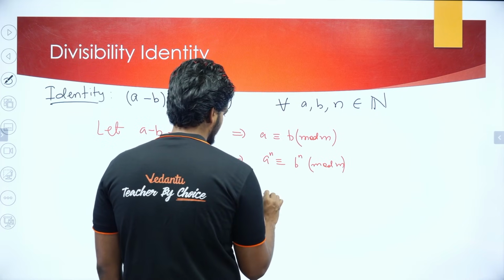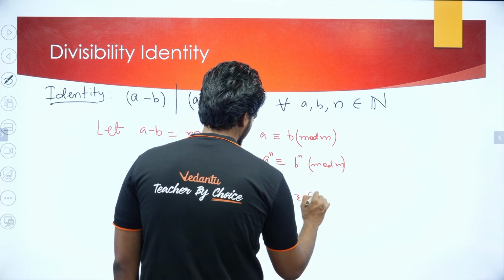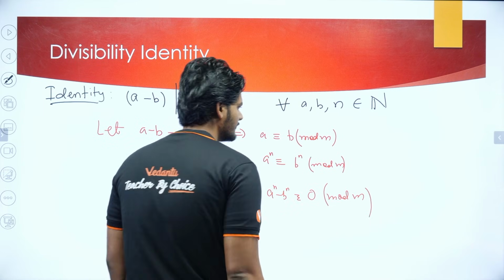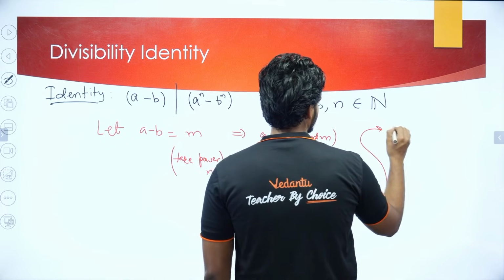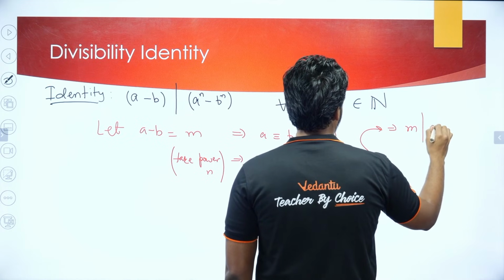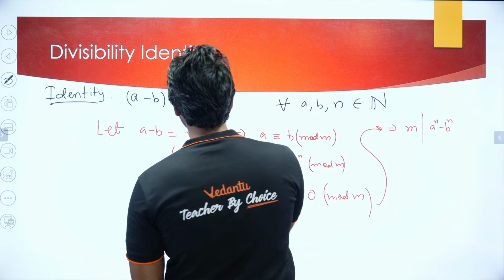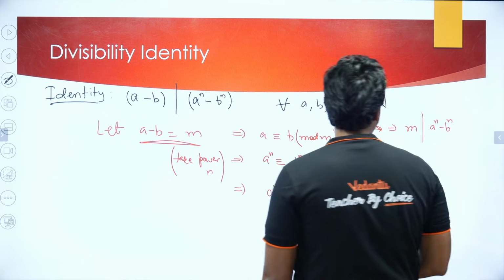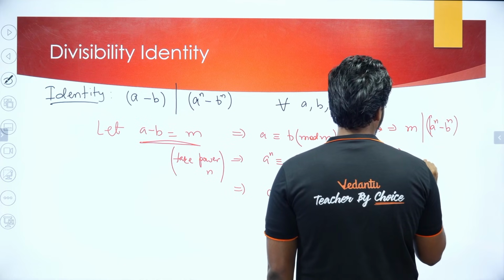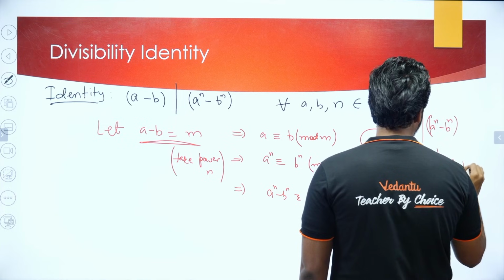That will imply a power n minus b power n is congruent to 0. In other words, m divides a power n minus b power n. And what was m? m was a minus b. So we simply say a minus b divides a power n minus b power n.